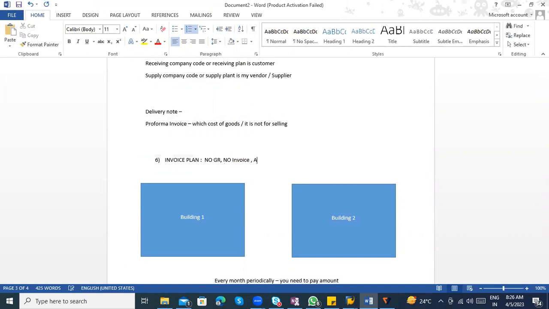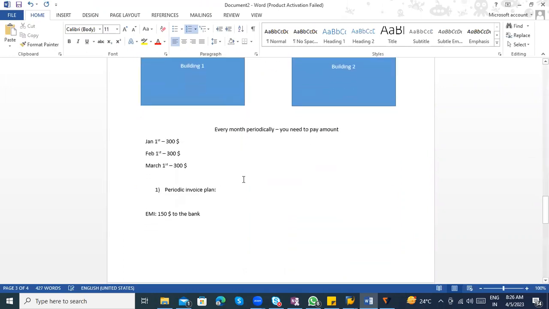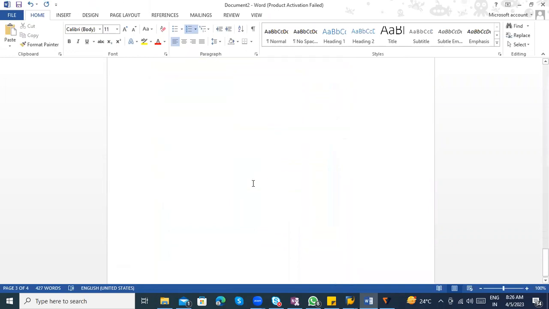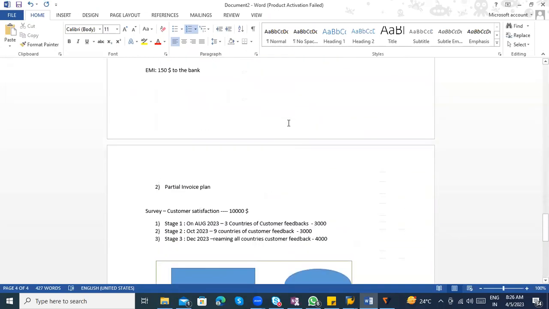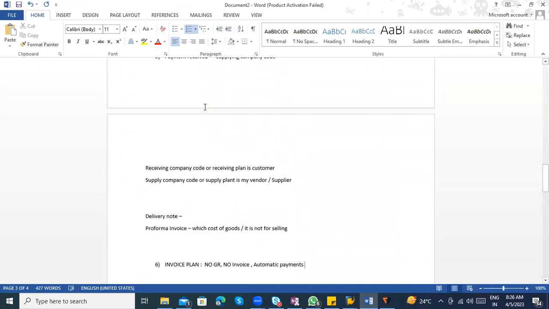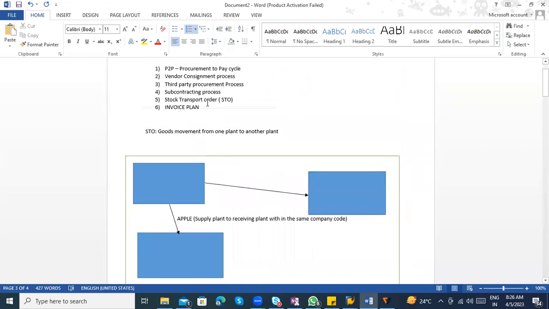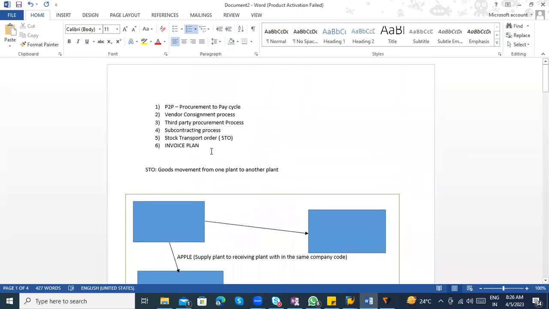Only automatic payment will be there. So this is the process for the invoice plan.